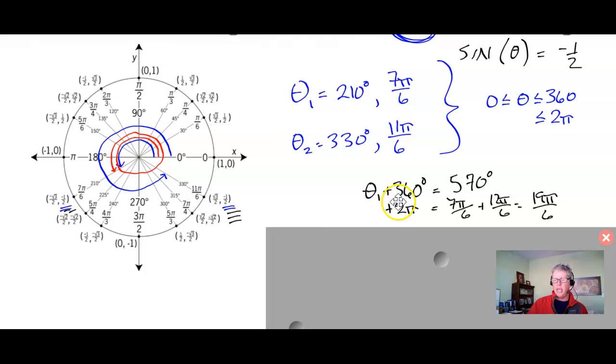So all we're going to do is take our degrees and add 360, or our radians and add 2 pi. So we get 570 and 19 pi over 6. You'll get used to changing 2 pi with the denominator, since we're adding it to a pi over 6: 12 pi over 6. If we were adding it to pi over 3, it would be 6 pi over 3, that 2-to-1 ratio. So, something to notice.